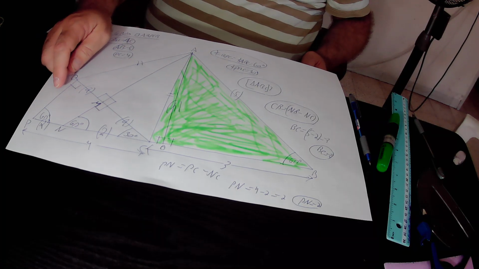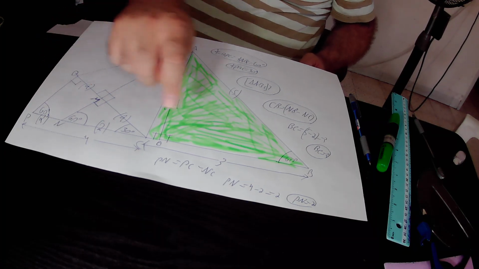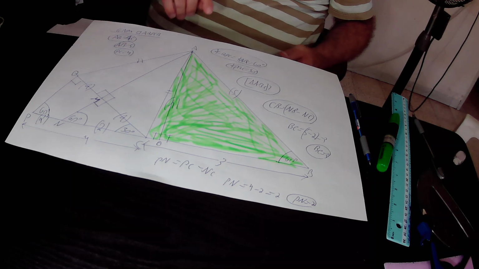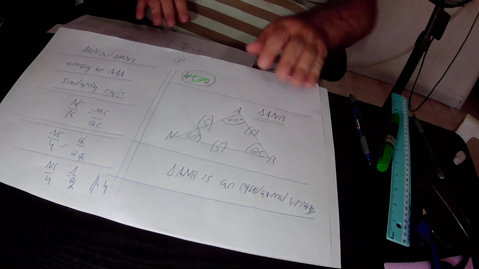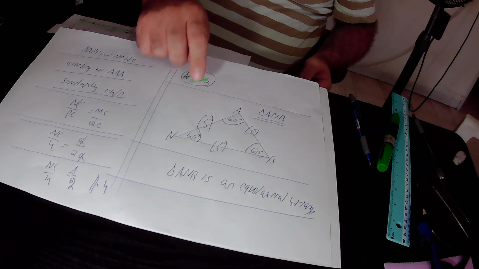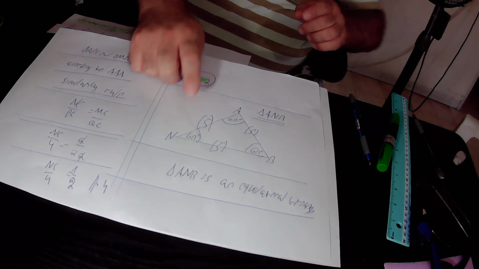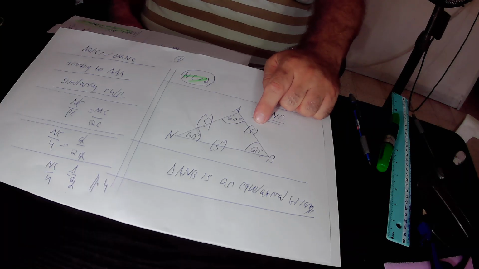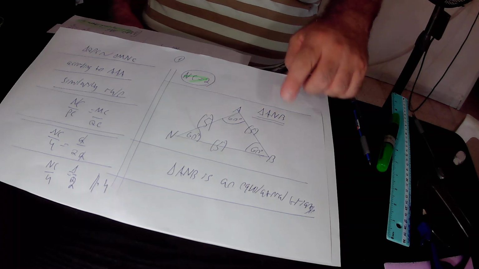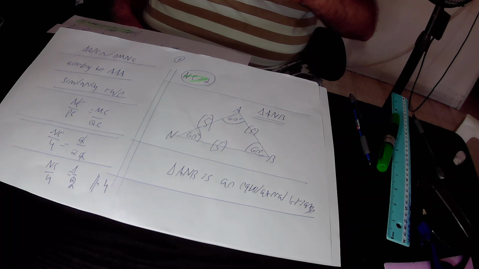In the next step, I copy the big triangle ABN and analyze it. This is the big triangle ABN that I copied from the original domain. This angle equals 60 degrees, this angle also equals 60 degrees. Side AB equals 5 units according to what is given in the question. 60 degrees plus 60 degrees is 120 degrees.